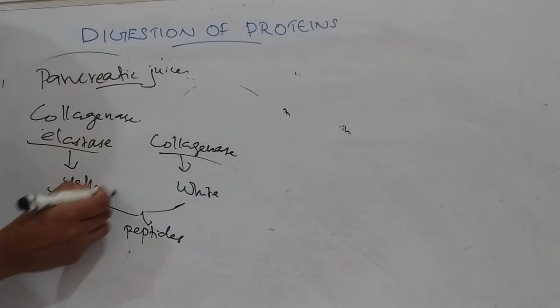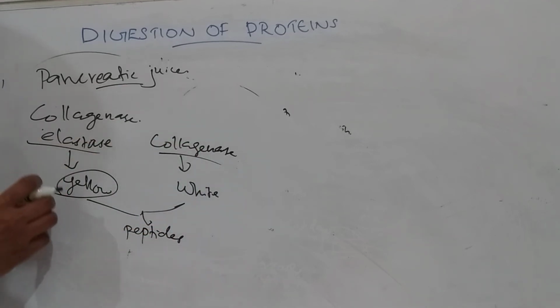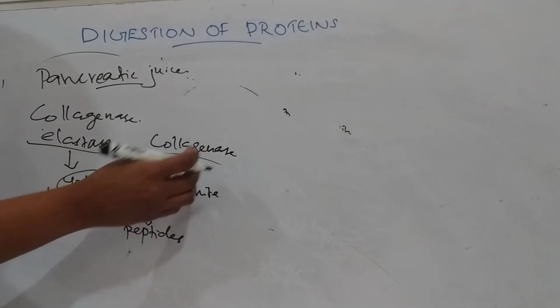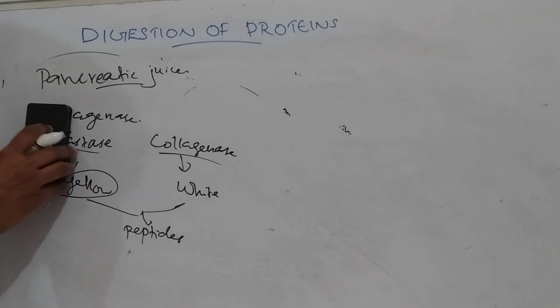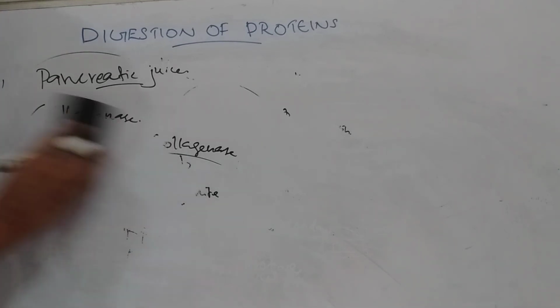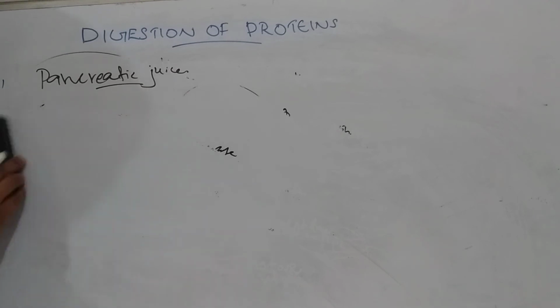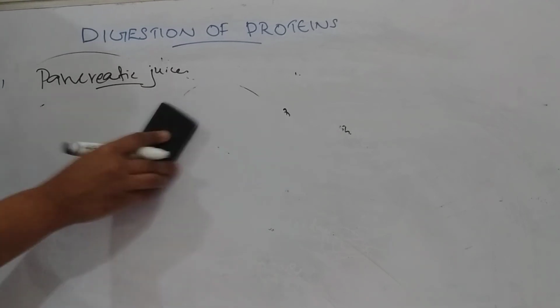Elastase digests yellow connective tissue fibers to peptides, and collagenase digests white connective tissue to peptides. So these are the enzymes in pancreatic juice: endopeptidases and exopeptidases, trypsin, chymotrypsin, carboxypeptidase, elastase.